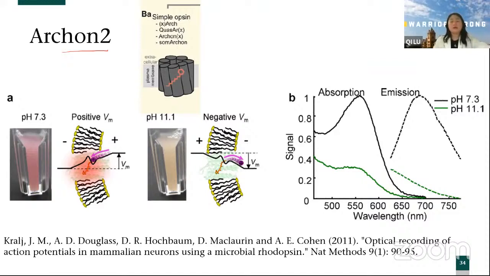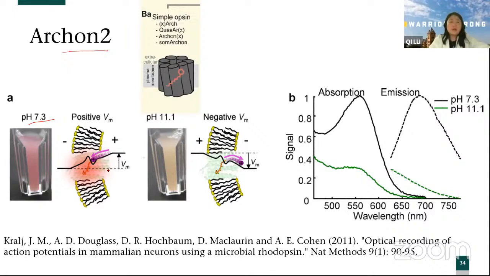At that time, I wasn't quite clear on the mechanism of this archerhodopsin 2, but now I think I'm quite clear. For endogenous archerhodopsins, at neutral pH it shows a red color, but in an acidic environment it shows a yellow light. But this paper also describes it as having no color.